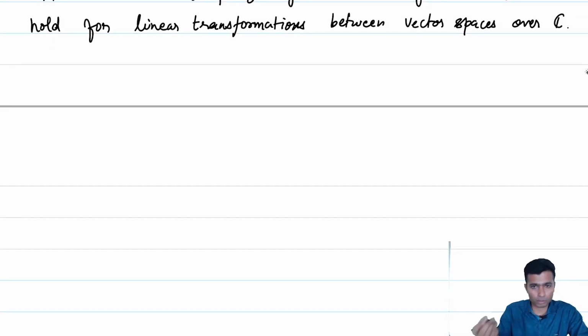It could be a real number which is also a complex number, but do keep in mind that when we are considering linear operators from a vector space over C to itself, our eigenvalues could be complex numbers.